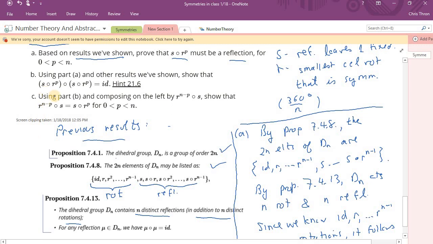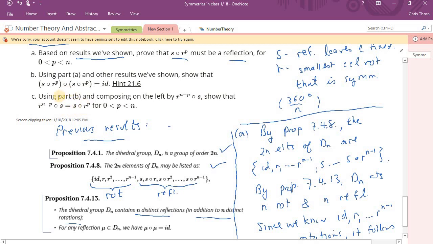Then for part C, all you have to do is do this composition that's mentioned, composing on the left.